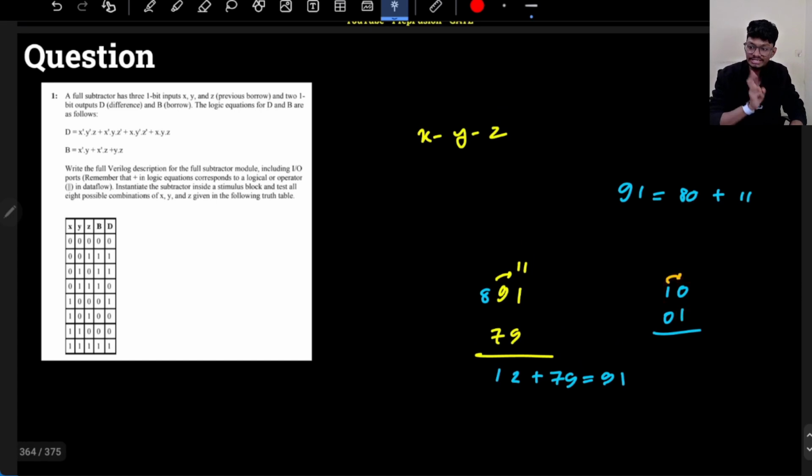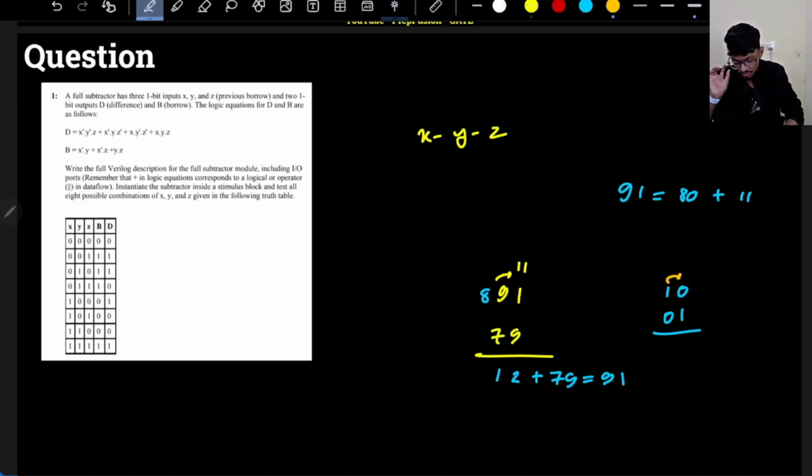Here the base is 2, so the weightage will come as 2. So this is 0 and this will become 2. Now I can subtract 2 minus 1 is 1. As I have taken a borrow, this MSB is cancelled to 0. So this will be 0 1. That's how you do the subtraction.